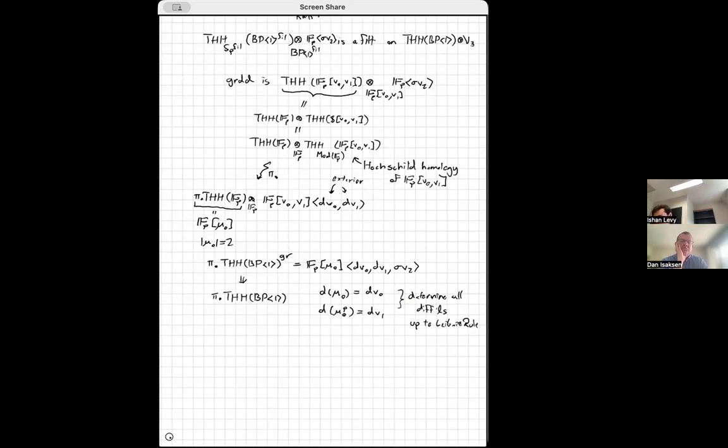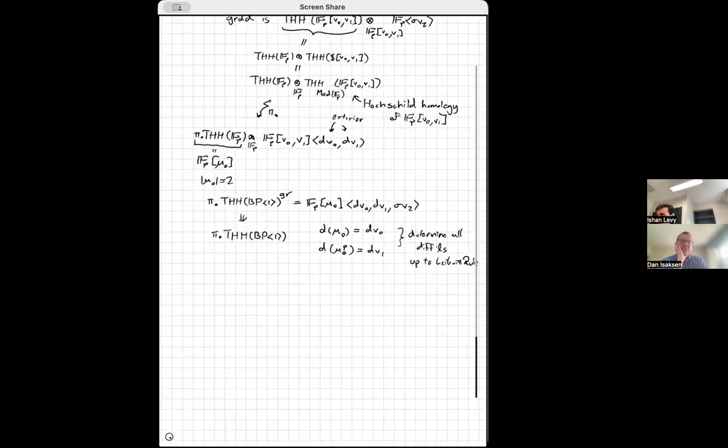Okay. And so the conclusion of all of this is that pi star of THH of BP1, oh, sorry, everything here was tensored with V3. So pi star of THH of BP1 tensored with V3, it looks like the following thing.